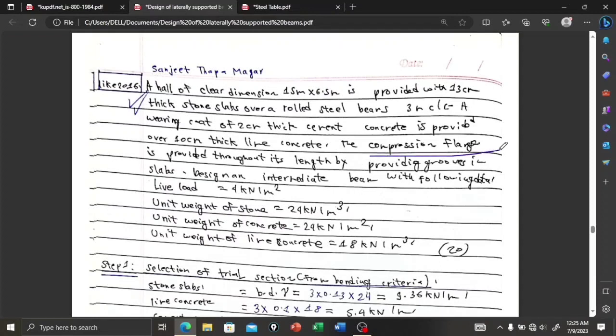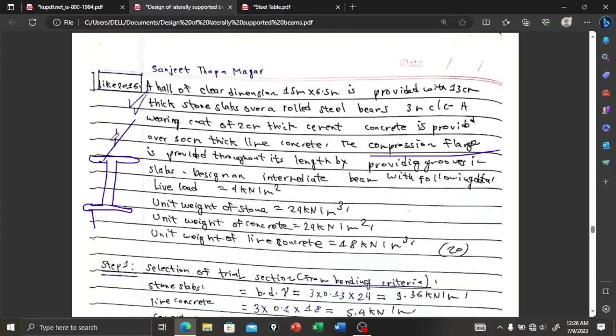Since the compression flange, this is I section, and this is tension flange, compression flange, and this is tension flange.